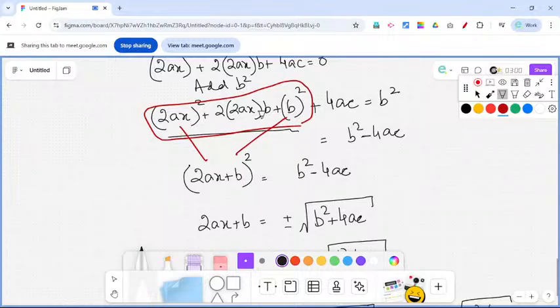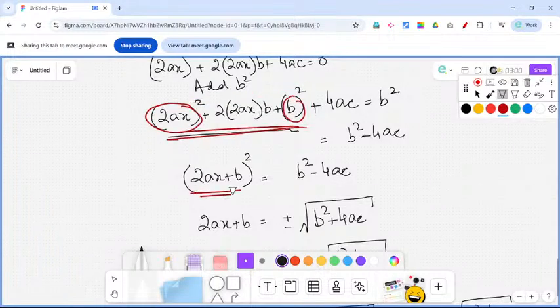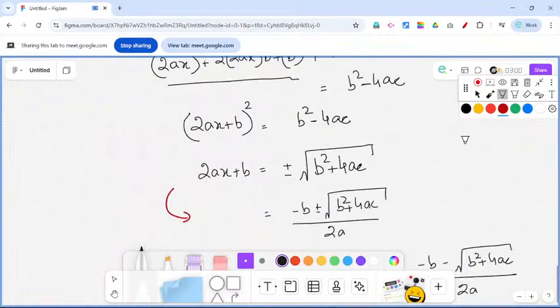Now my a क्या है, a is 2ax and b is b. So इस आइडेंटिटी के बदले आई हैव रिटन (2ax + b) का होल स्क्वायर इज इक्वल टू b² माइनस 4ac. देयरफॉर नेक्स्ट स्टेप में क्या होगा, स्क्वायर रूट करूंगा. आई हैव टू फाइंड बेसिकली वैल्यू ऑफ x.